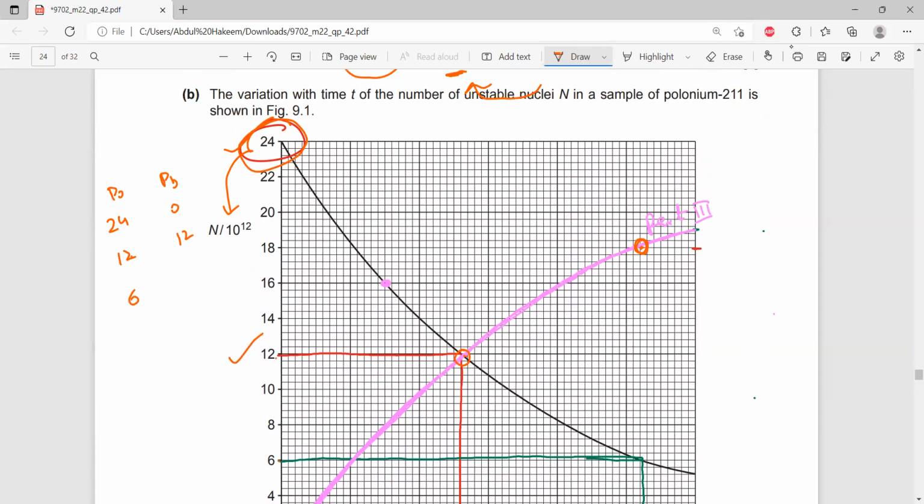So 12 minus 6, these 6 are converted into the lead. So 12 plus 6, it becomes 18. And then it becomes 3, so it becomes 21. So look, this polonium is decaying and this lead is increasing. So it means the polonium is converted into the lead. So this is the graph.